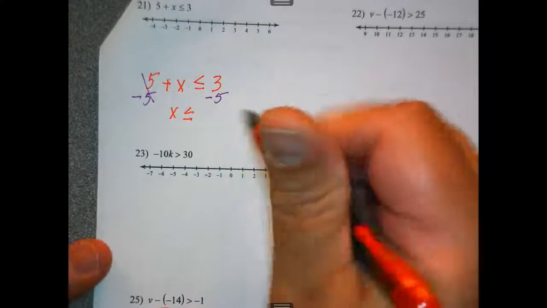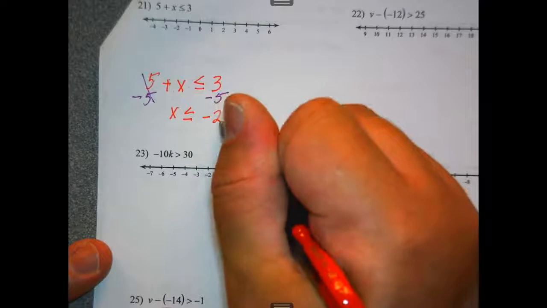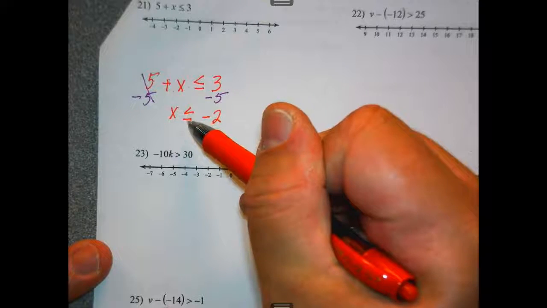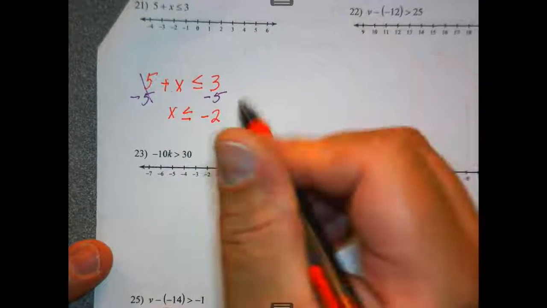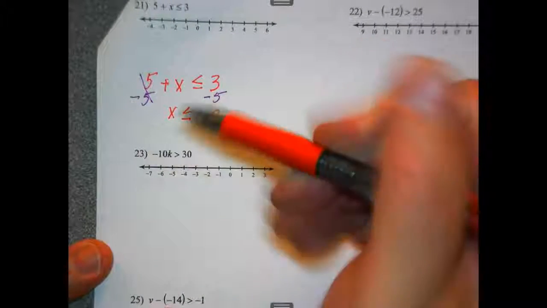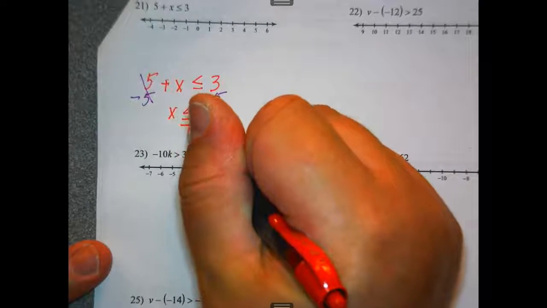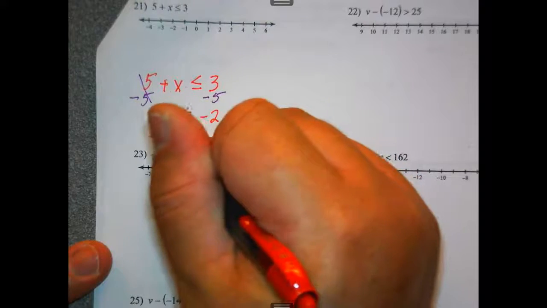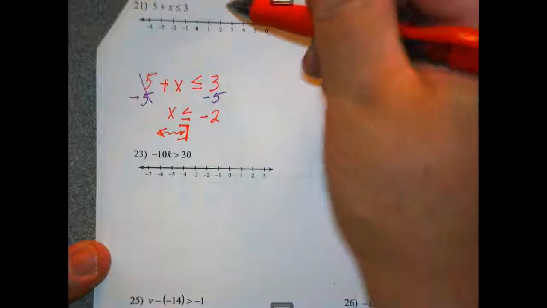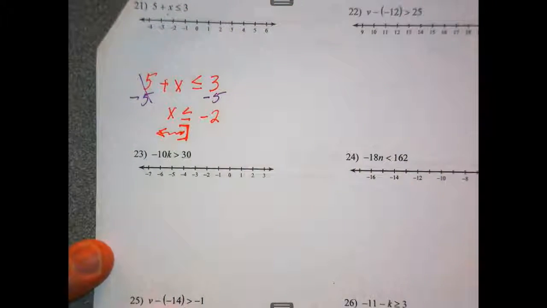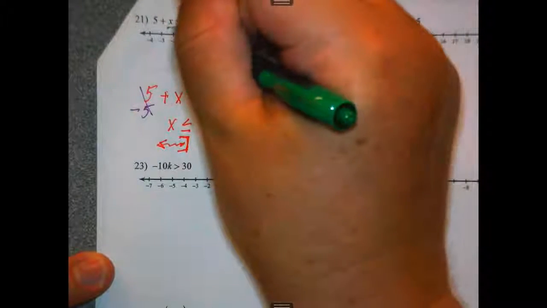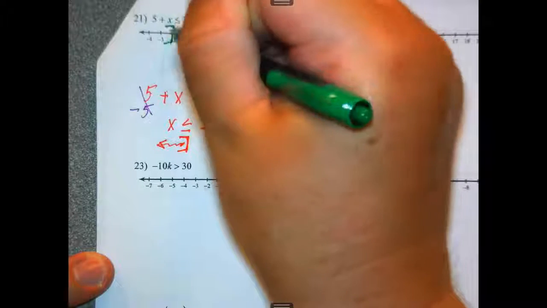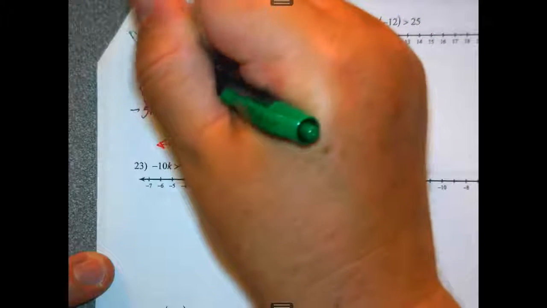X is less than or equal to -2. Good. This time I do have an equal sign with my inequality, right? My arrow's going that way. So I'm going to have a bracket and shade that way. So at -2, I'm going to have a bracket because of the equal sign. And I'm going to shade this way.